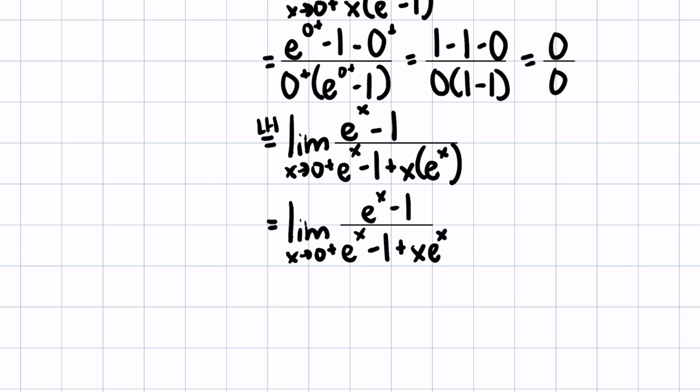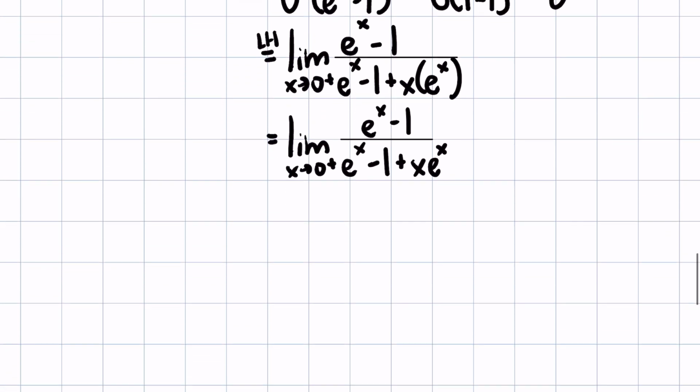All right. Now if we plug in 0, what we're going to get is e to the 0, which again, I'm just going to write as 1. So 1 minus 1 over 1 minus 1 plus 0. Again, this is going to be 0 over 0.